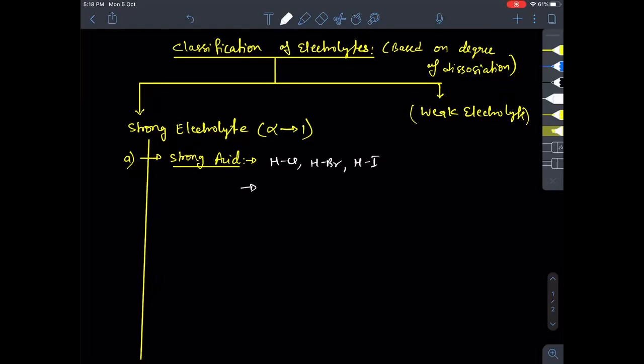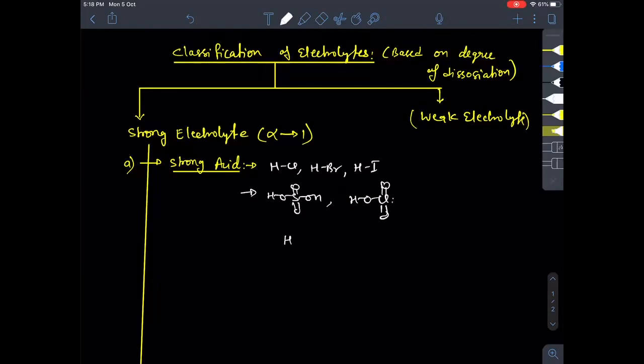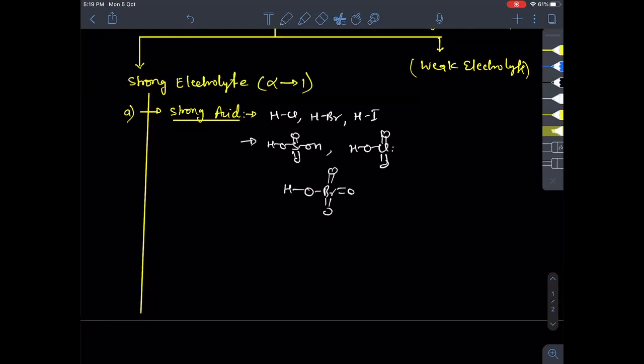So these are hydroacids where there is no oxygen in between hydrogen and the central atom. Now some oxyacids, stronger oxidized oxyacids like H2SO4. Like, guys, HOClO2, double bond O, double bond O. Like, my dear, HOBrO3, double bond O, double bond O, double bond O.